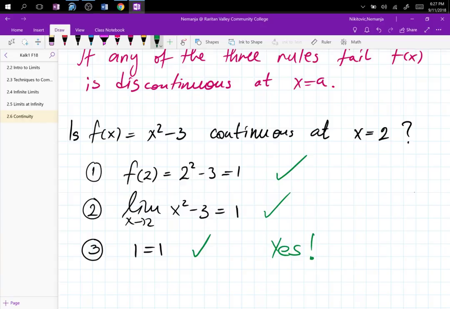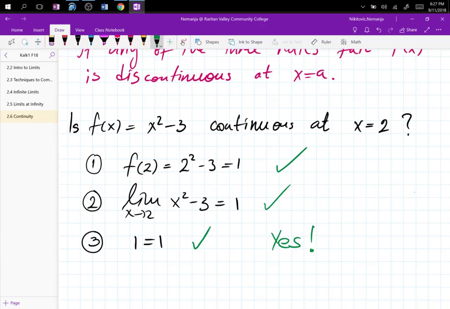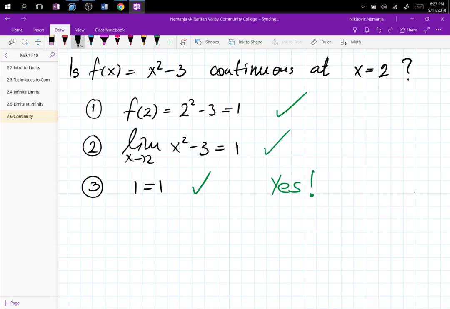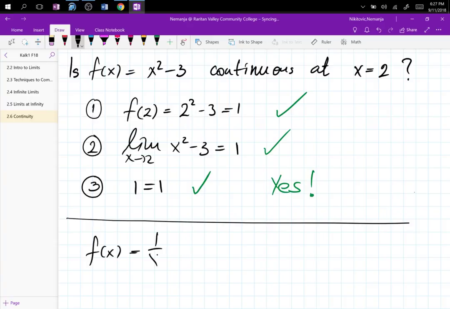Now this procedure calculates continuity only at a single point. Let's take a look at another function that we have been beating up to death in this class, and that's 1 over x at x equals 0. So how's the continuity doing?